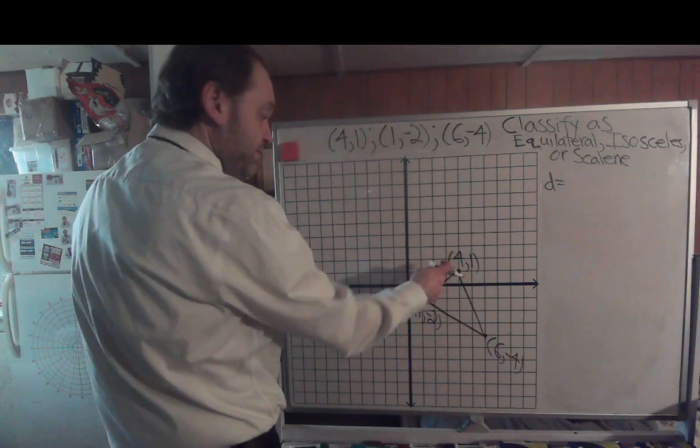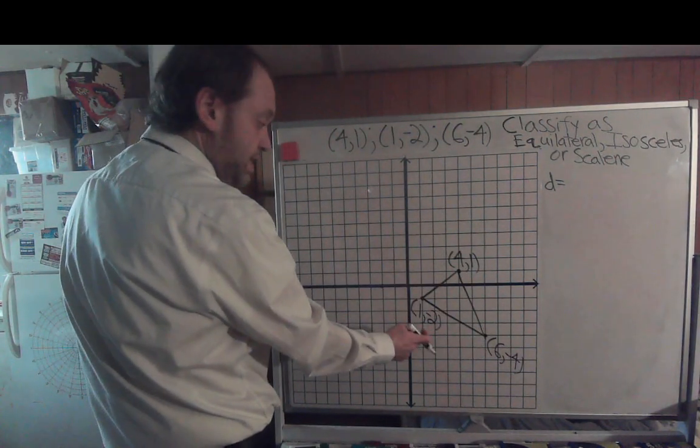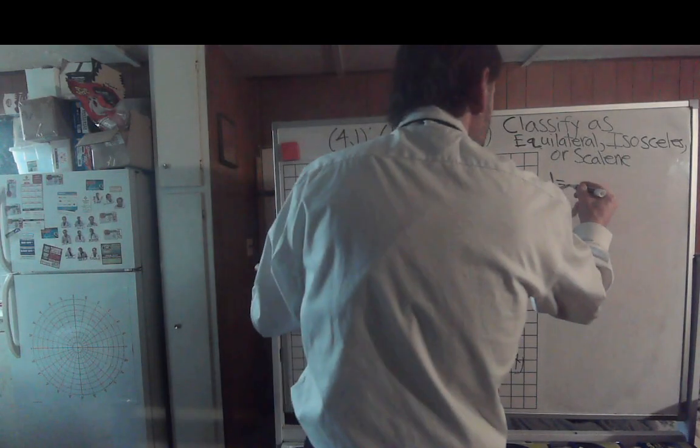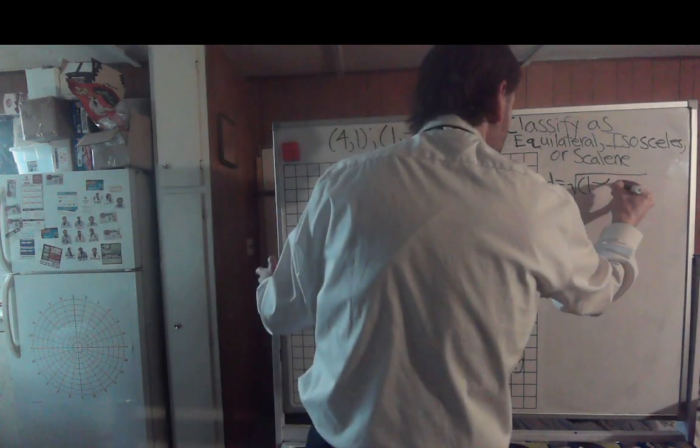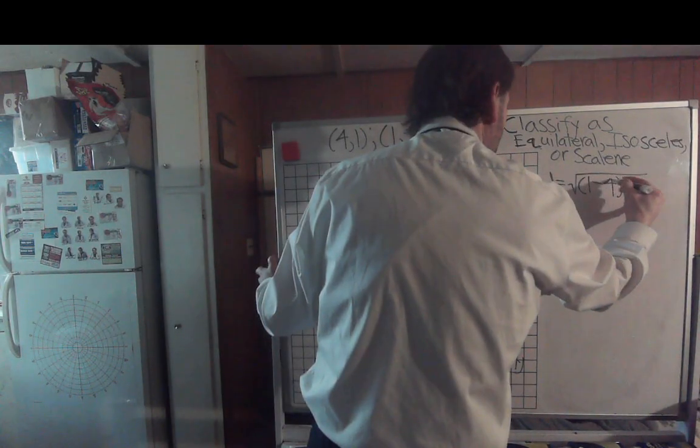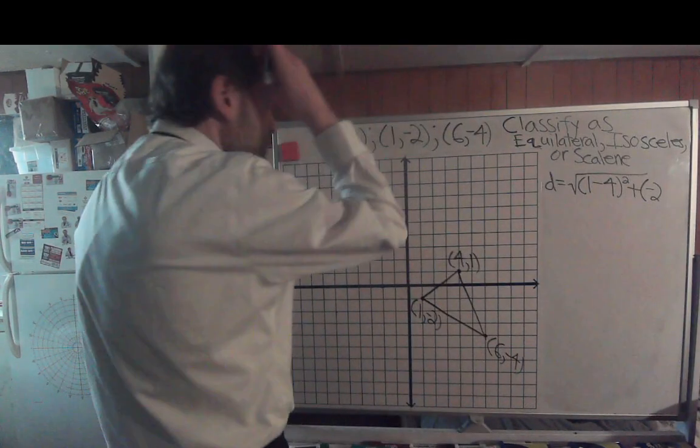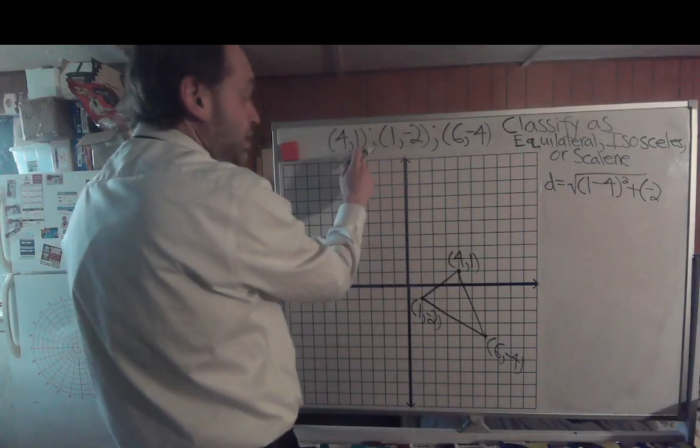Let's go between 4, 1 and 1, negative 2. So that's going to be my x2 of 1 minus my x1 of 4, that quantity squared, plus my y2 of negative 2 minus my y1 of 1, that all squared.